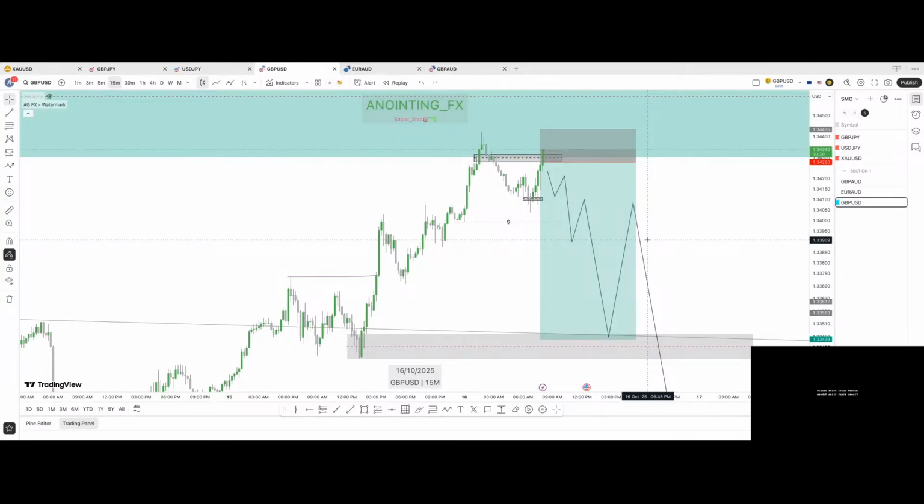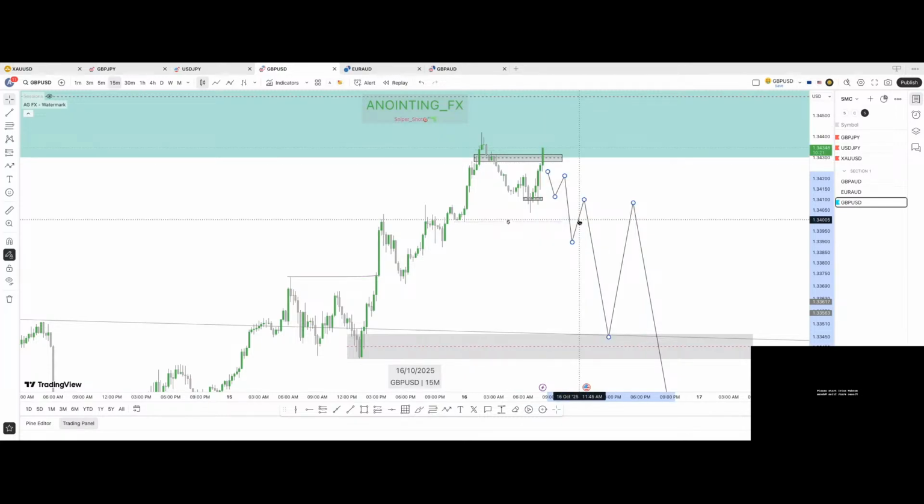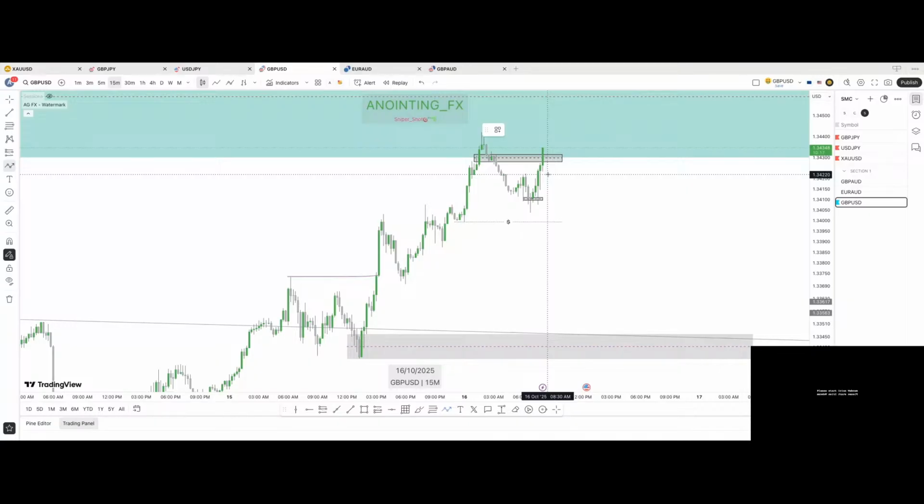You just need a better confirmation. Price can as well do this. If you haven't entered, then wait. Price can clear these highs, and then finally drop to the downside.